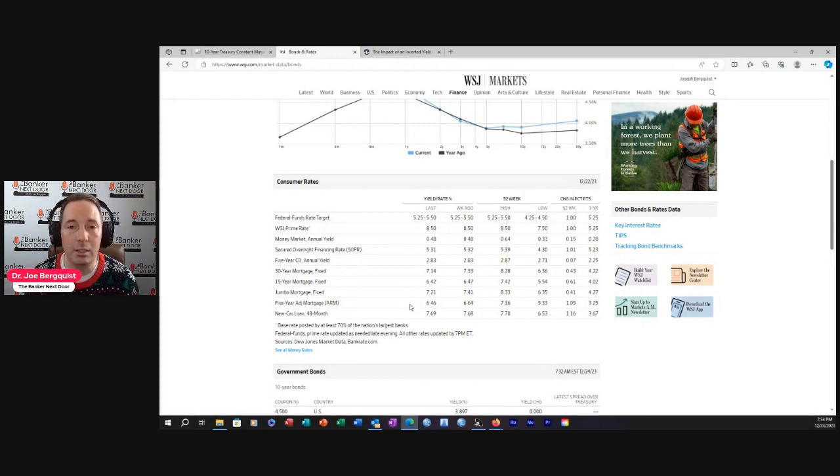You're talking about 65 or so basis points there. So that 5/1 ARM is more attractive. What this is saying is that you might get into this right now, but as interest rates fluctuate and the yield curve fluctuates, that ARM which is looking very attractive today may not look so attractive tomorrow.